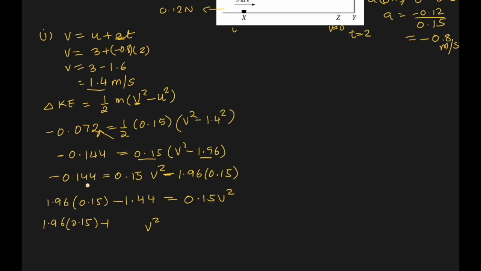It was 0.144. So 1.96 times 0.15 minus 0.144, divided by 0.15. Rather than simplify, we can square root straight away. The whole of it, you can put in a calculator. Since we have the luxury of using a calculator, we can do this.